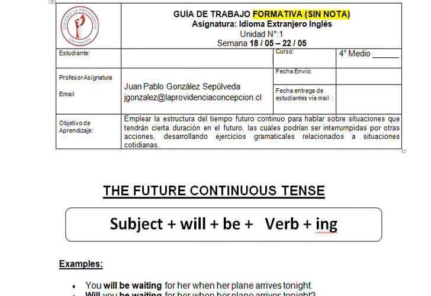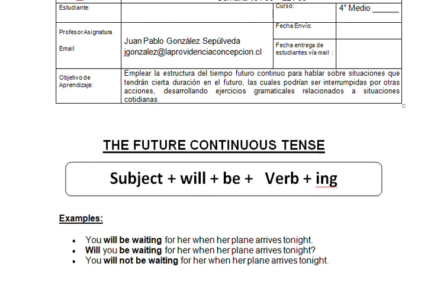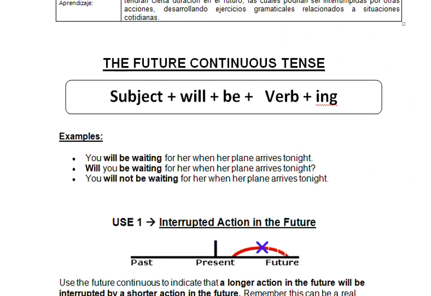So we're going to keep focusing on the future continuous tense. You know the structure of this tense, one of the last tenses you need to know before you get out of school. The future continuous is formed by the subject, the auxiliary verb will, the verb be, which is always present in the future continuous tense.